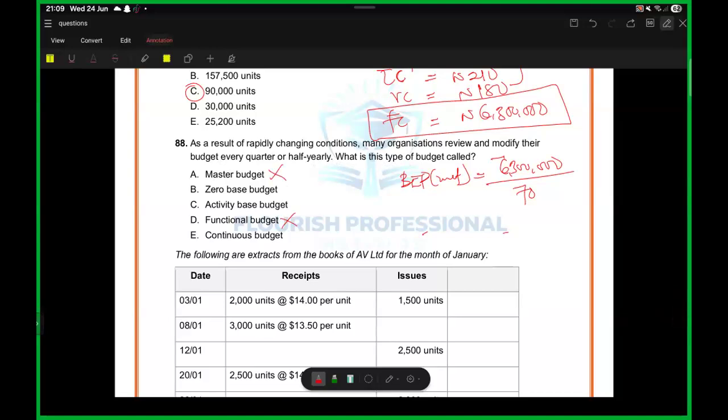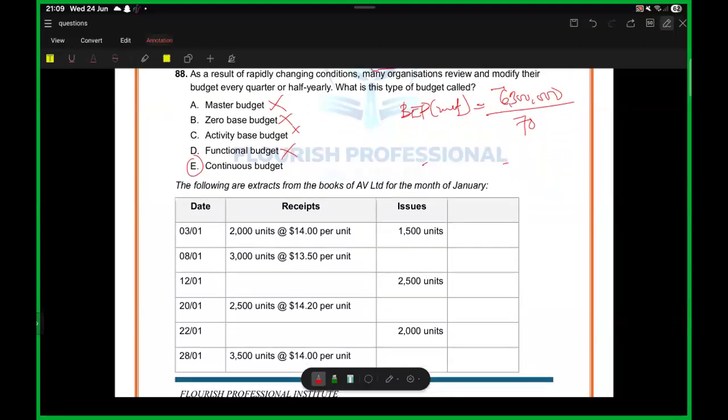Zero-based budget is prepared from scratch, and mostly it's not subject to review until it is completed. Activity-based budget is also not. So the answer is E, continuous budget. Continuous budget is sometimes reviewed every quarter, every 4 months, or half a year, every 6 months.